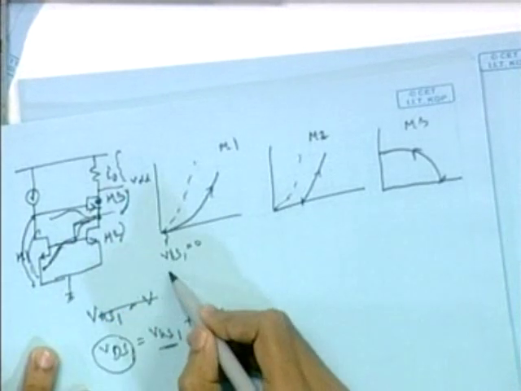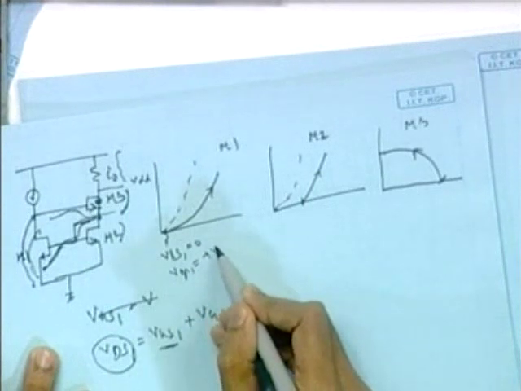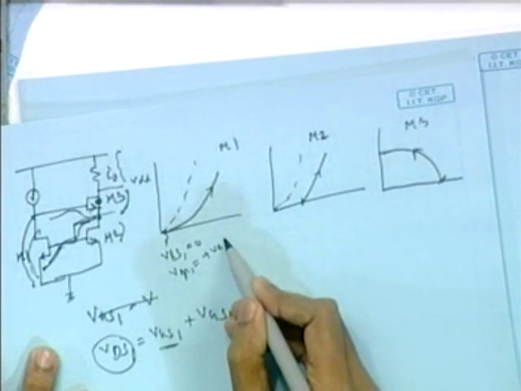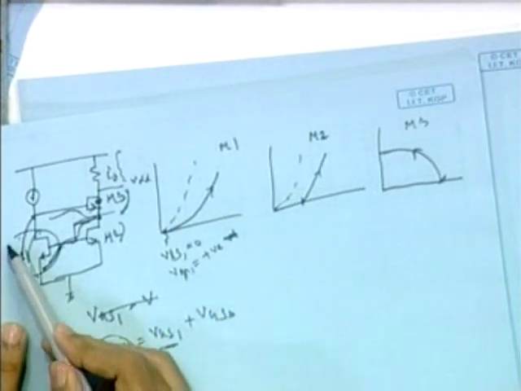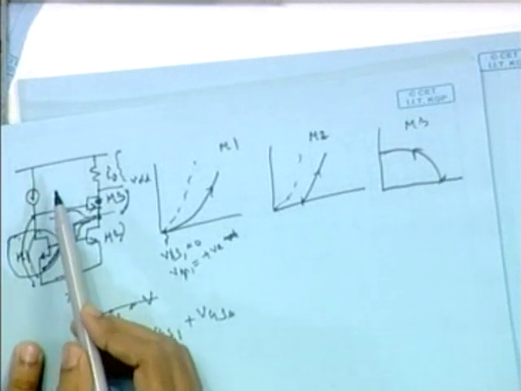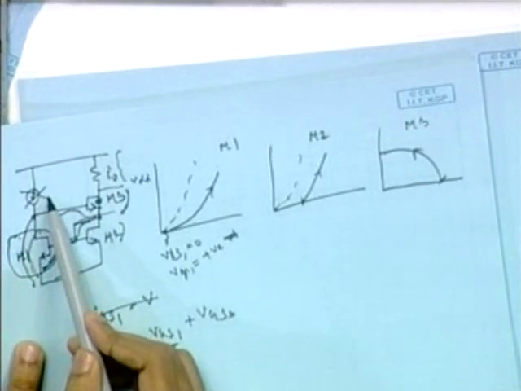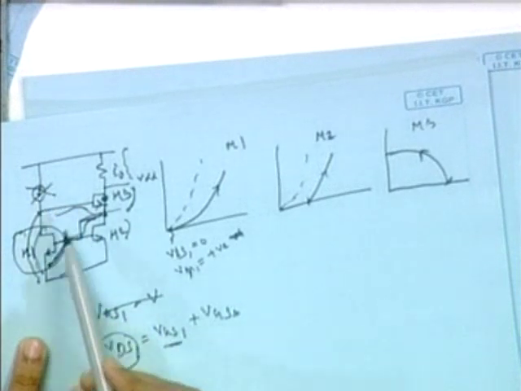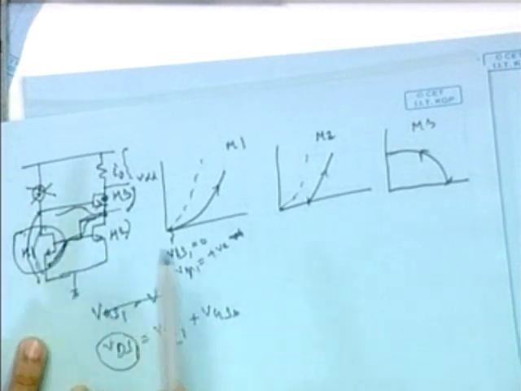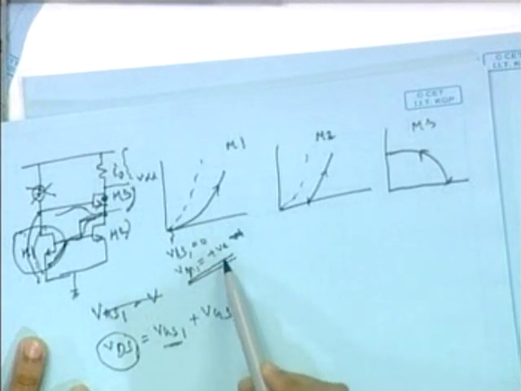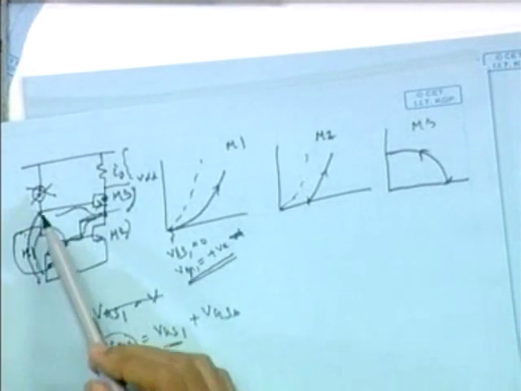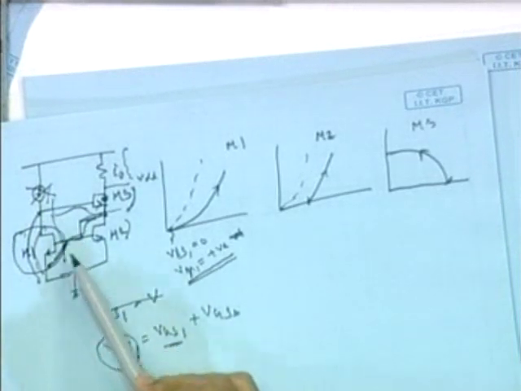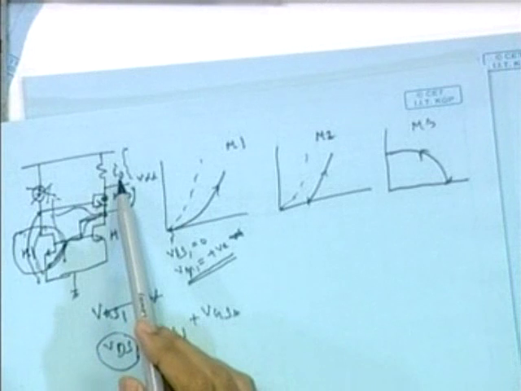So it will start with VGS1 some positive value. So you see that M1 is always ready to carry the current even if no current is there. I mean at first IREF is 0, so no current is flowing through this transistor, but it gets some positive VGS, and it can be shown that VGS1 is slightly greater than or equal to VTH of this transistor. So it is ready to carry the current. So as soon as you increase the current, the current will flow through this transistor, and the same current will be copied here.